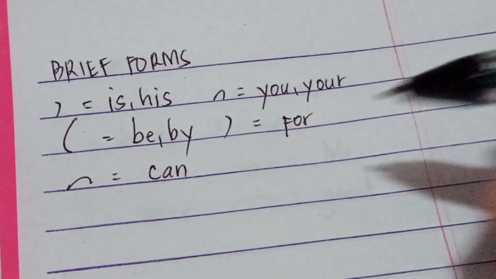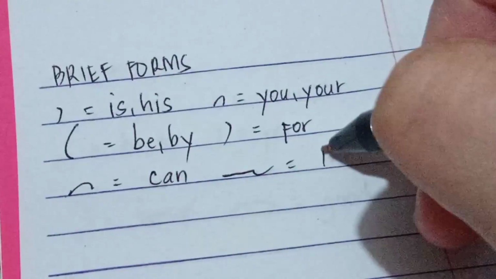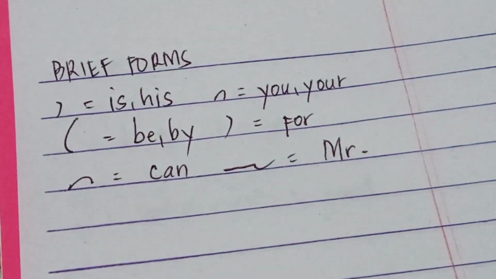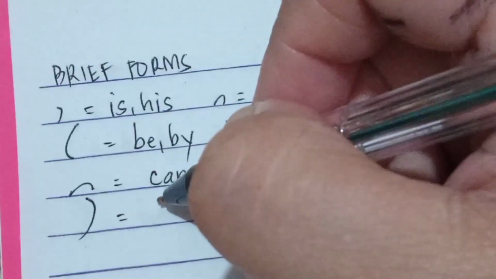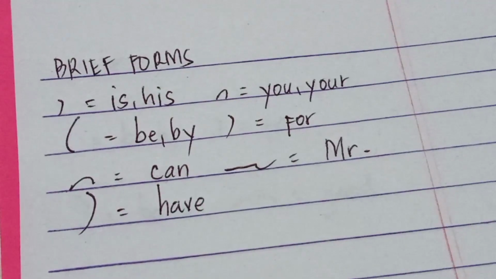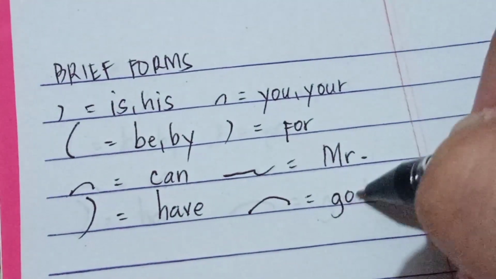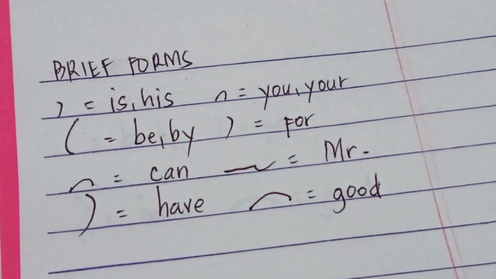Okay? Then, yun pong ating M and R. So, it is Mr. Then, yung atin pong V, ito po ay nagiging have if it is used as brief form. Then, yung ating gay, so ito po ay nagiging good in brief forms.